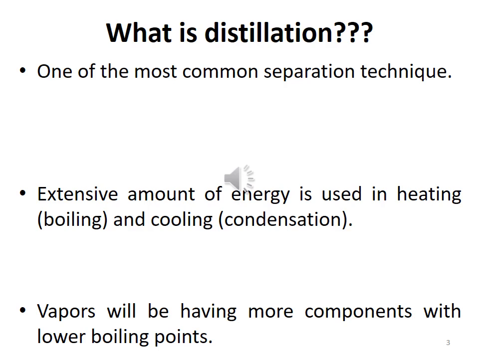So the vapor will contain a lot of components that have lower boiling point, while the liquid mixture contains an abundance of components that have higher boiling point. So these components that will remain in the liquid mixture will not be affected by the selective boiling point.